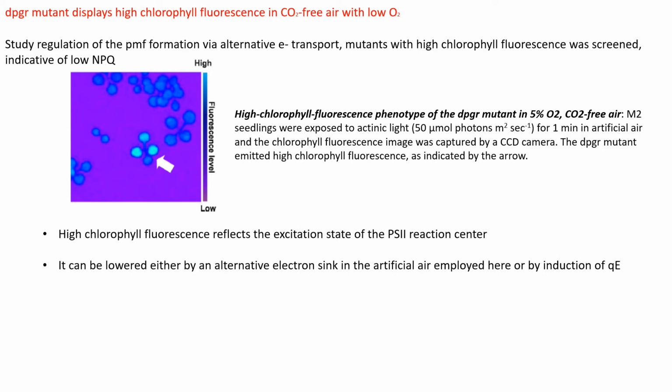Carbon dioxide removal prevents the linear electron flow, or LEF, and reduced oxygen blocks photorespiration. For this experiment, second generation mutant seedlings were chosen and illuminated by actinic light at 50 micro-Einsteins in an environment that consisted of 5% oxygen and air that was free of carbon dioxide.